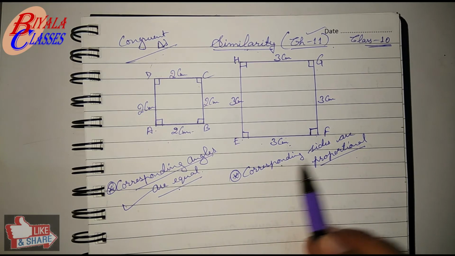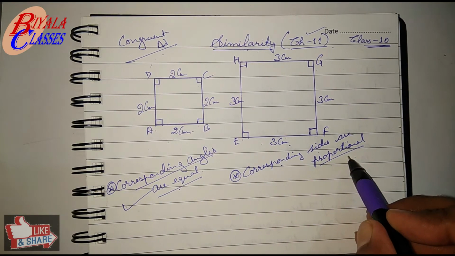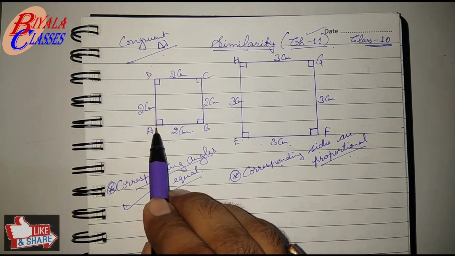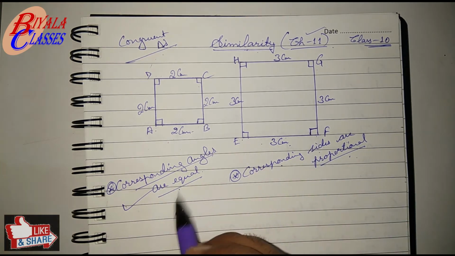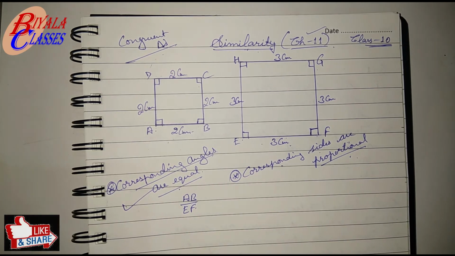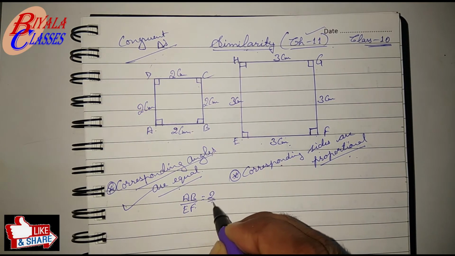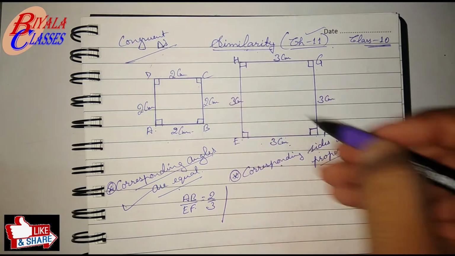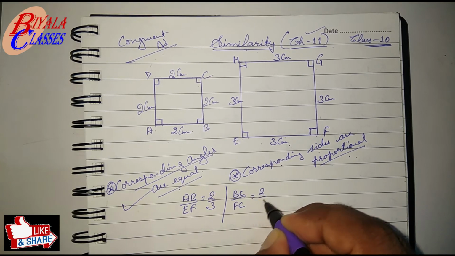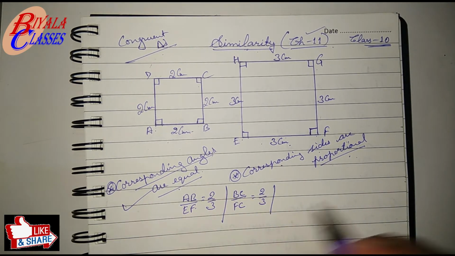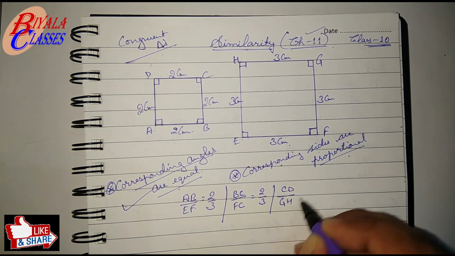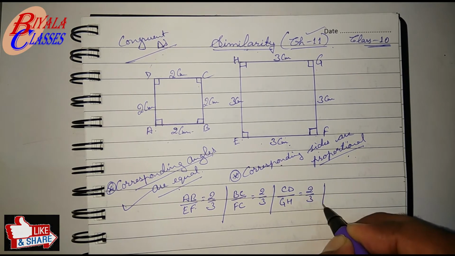Secondly, we say that the corresponding sides should be proportional, so the ratio of the corresponding sides must be equal. The ratio of the sides AB and EF is 2 upon 3. The ratio of the sides BC and FG is again 2 upon 3. The ratio of the sides CD and GH is also 2 upon 3.